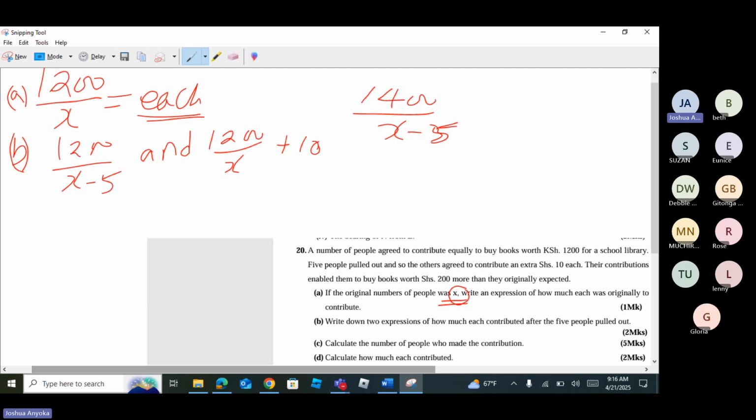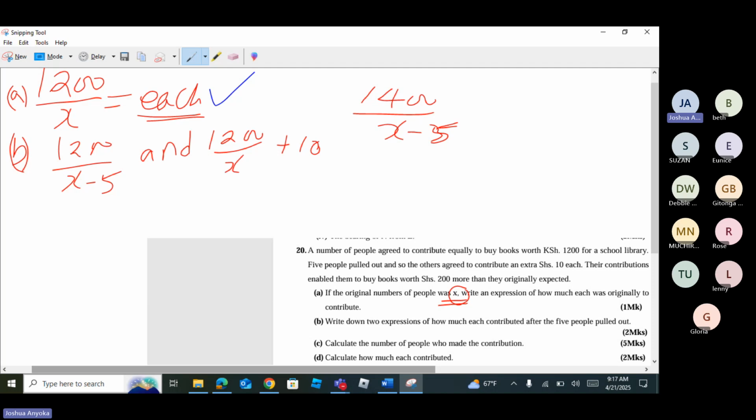Let's now analyze the expressions and see whether it is what we need. Write down 2 expressions of how much each contributed after the 5 people pulled out. Let's start with what we were given. Initially, 1200 divided by x, we had an agreement that each would contribute that.